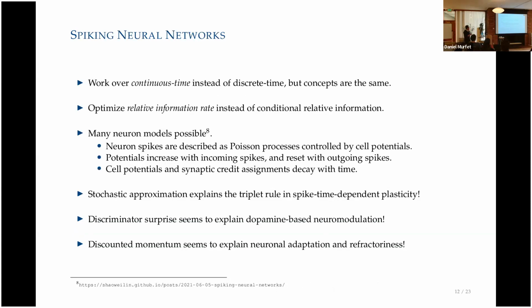And then lastly, this momentum term, if you do it right in the neural network, seems to me so far to explain something called neuronal adaptation, and refractoriness. I'm not going to go into details, I'm sorry, but for the people who know neuroscience in the crowd, I think these two things are directly coming out of the momentum term in the updates.